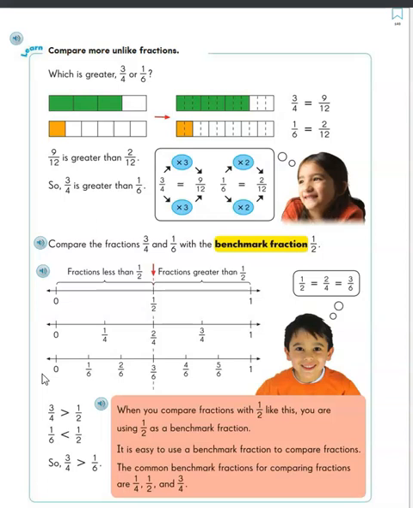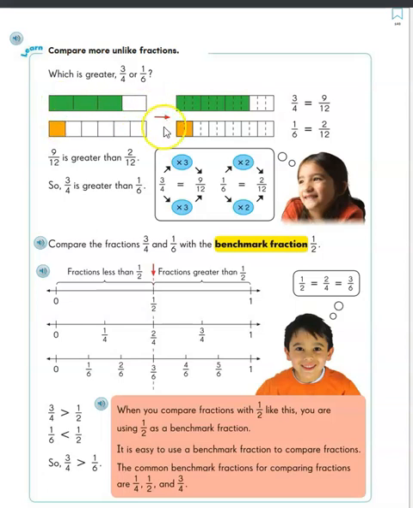Remember that, guys? We just had to multiply one of them so that we could get that one to have the same denominator as the other one, and then we could easily compare them. Today, we're going to be multiplying both of the fractions, and what we need to do is find a multiple of both the denominators. So let's look at our first problem.